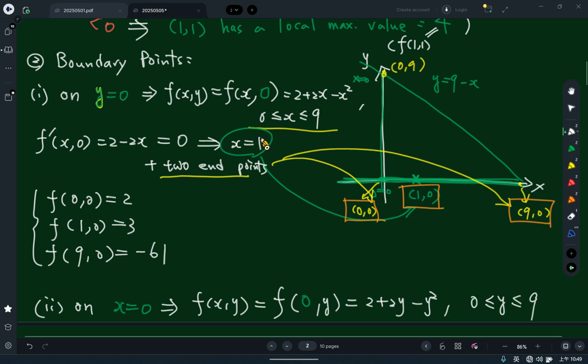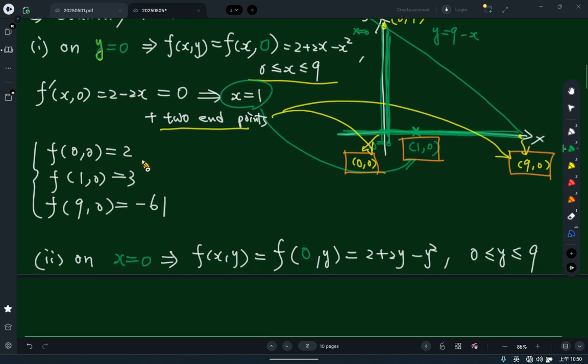So this time we will focus on this part, following the same way, we can just differentiate it.